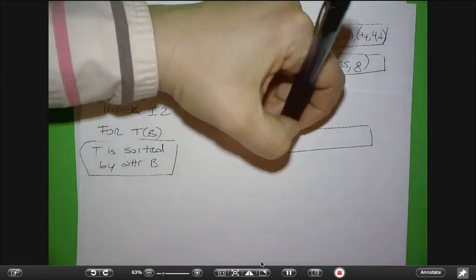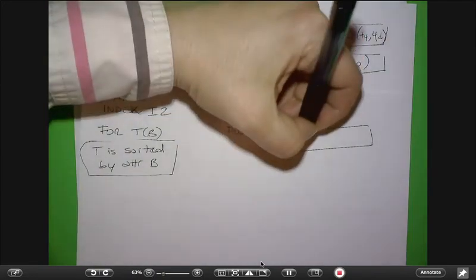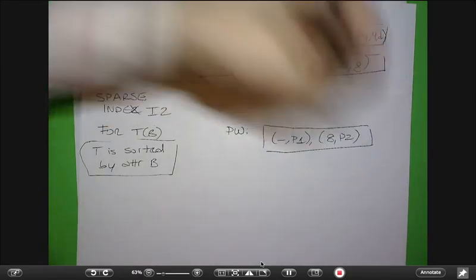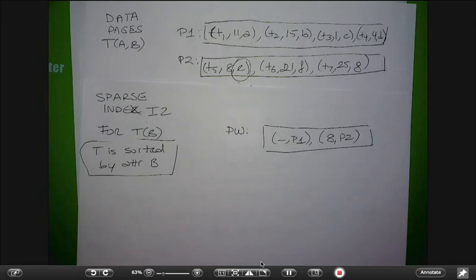I'm going to store two simple entries. Okay. This one is slightly different. It tells me if the B value is less than 8, then go to page 1. If it is greater than or equal to 8, go to page 2.